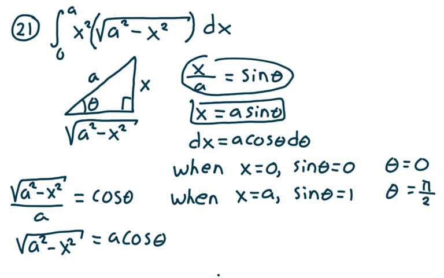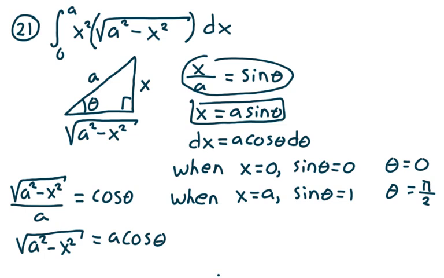Now, we're on the home stretch. We're going to get the integral from 0 to pi over 2 of, x is a sine theta, so x squared is a squared sine squared theta.